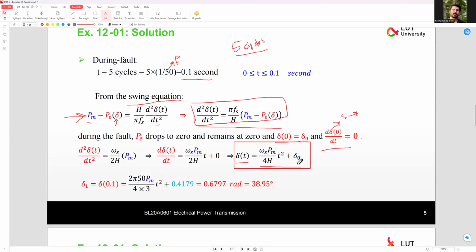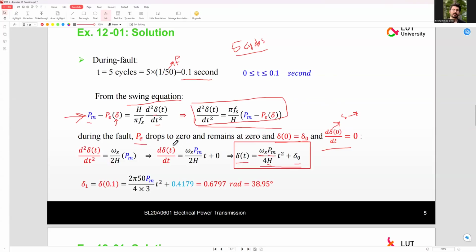All right, we have delta zero, we have Pm, and we have other parameters like omega and H. And also one thing should be taken into account: because we have the fault near the generator, the Pe is relatively equal to zero.